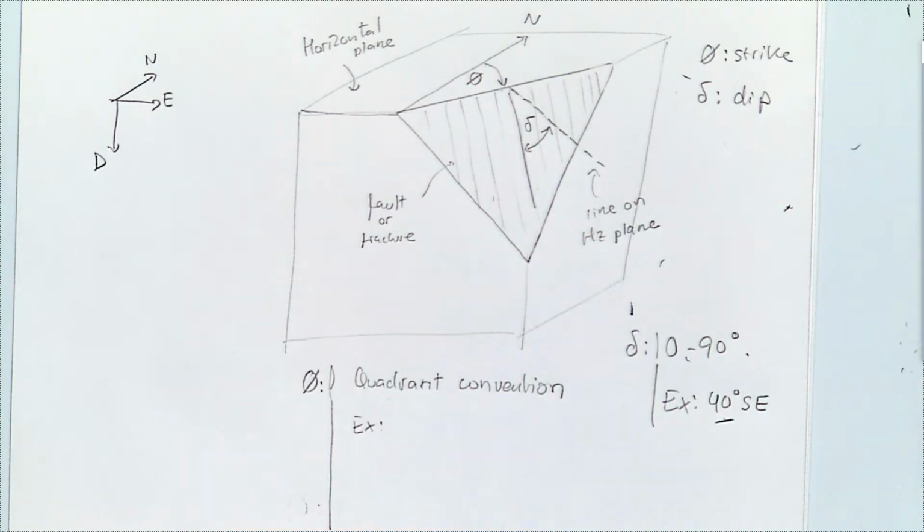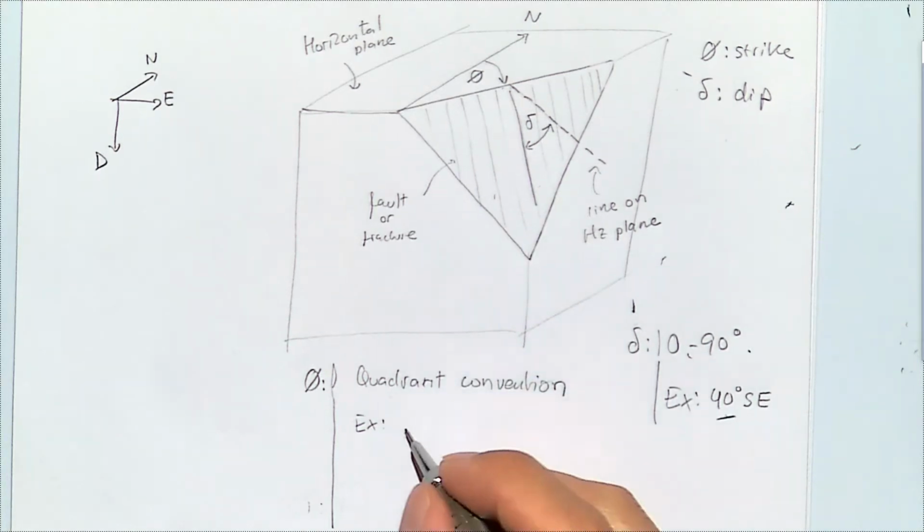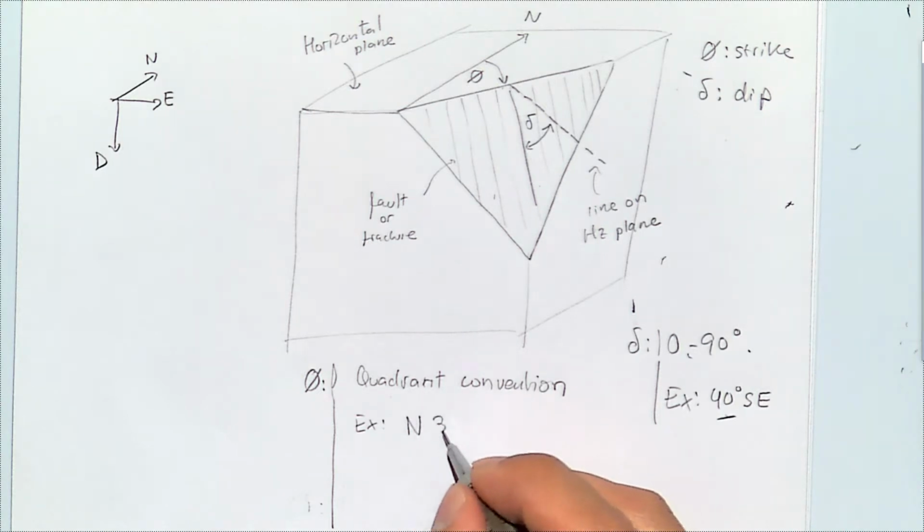And this is a lot easier in the field, because sometimes you go with your compass and you say, okay, well, this fault is at, for example, 30 degrees from the north towards the east. And you just write that. So from the north, 30 degrees towards the east.